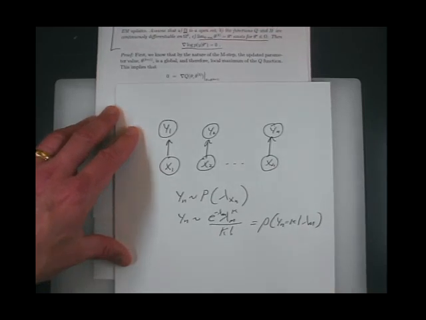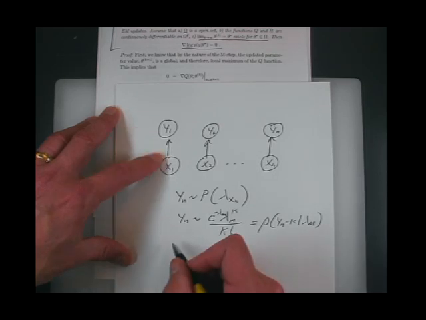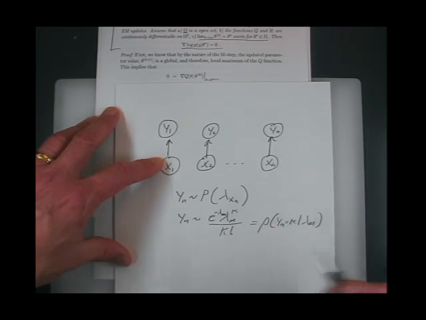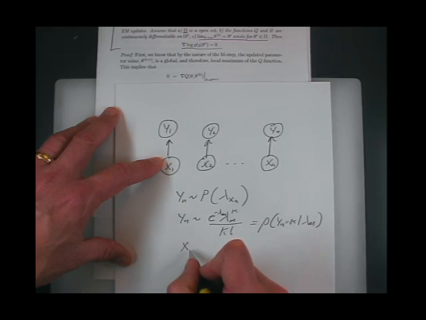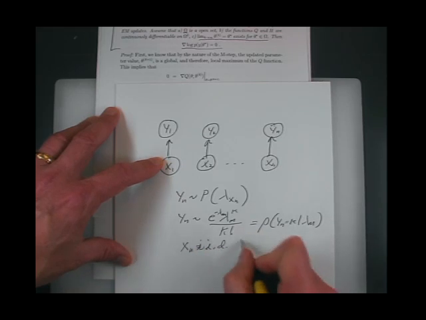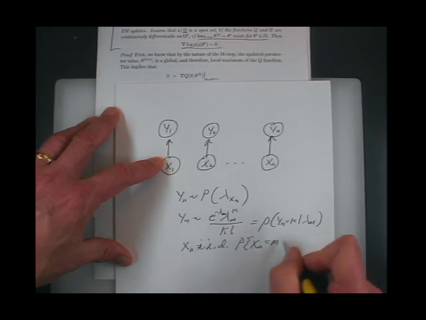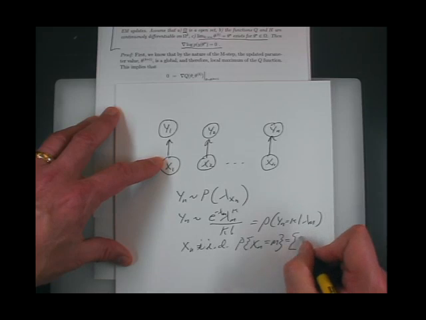Now let's say that xn is either 0 or 1, with the probability that xn equals m equal to pi m.